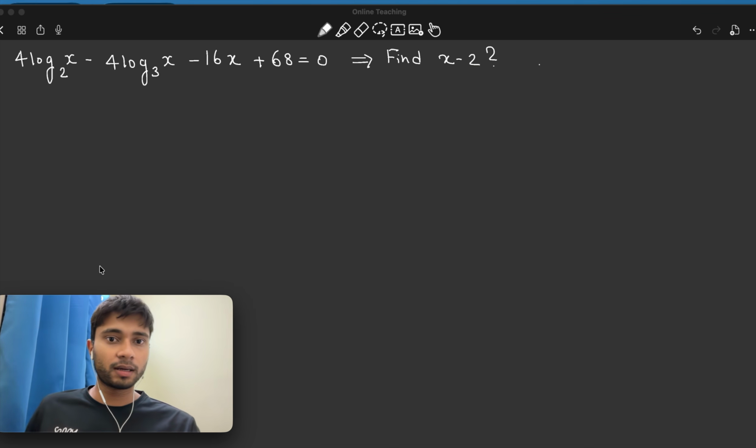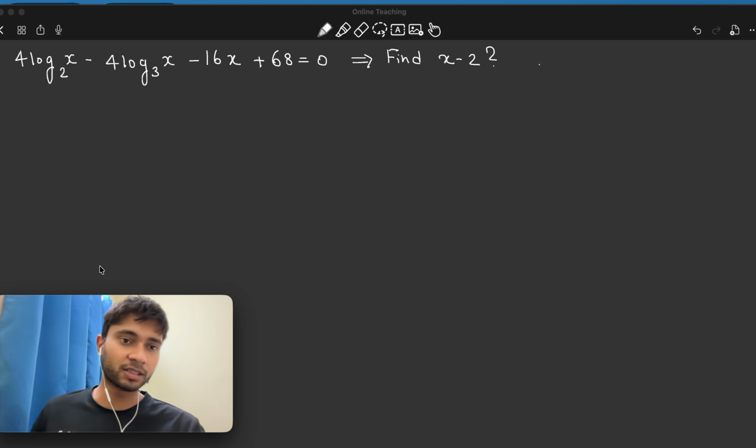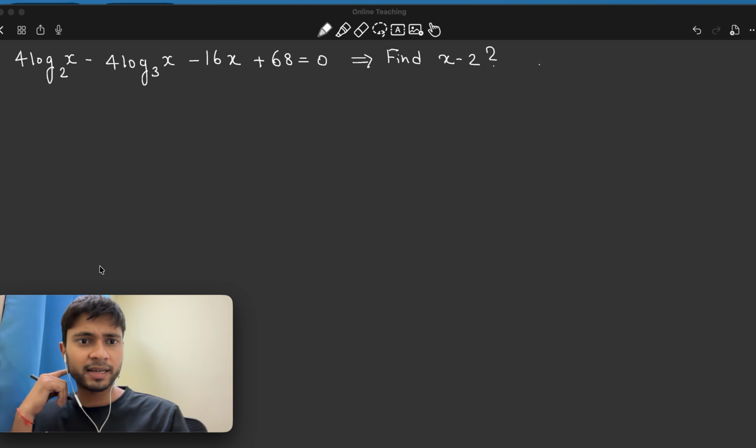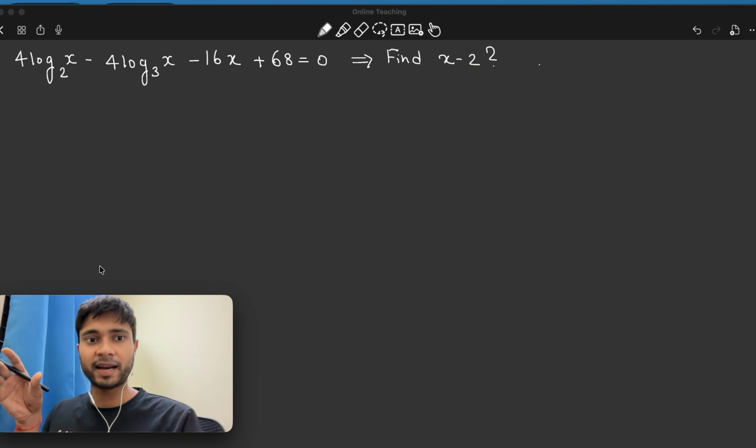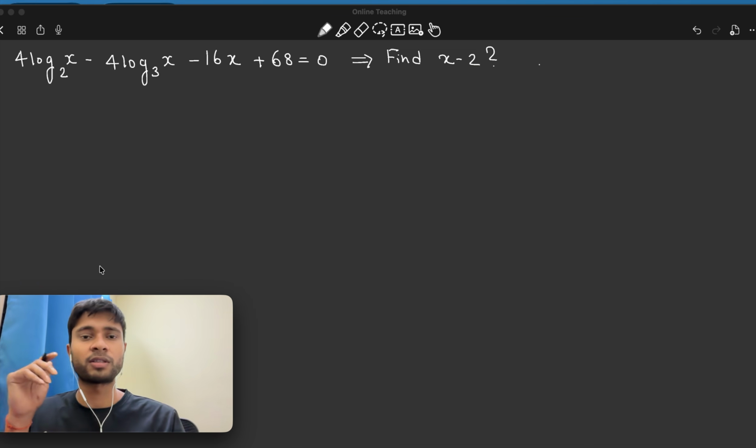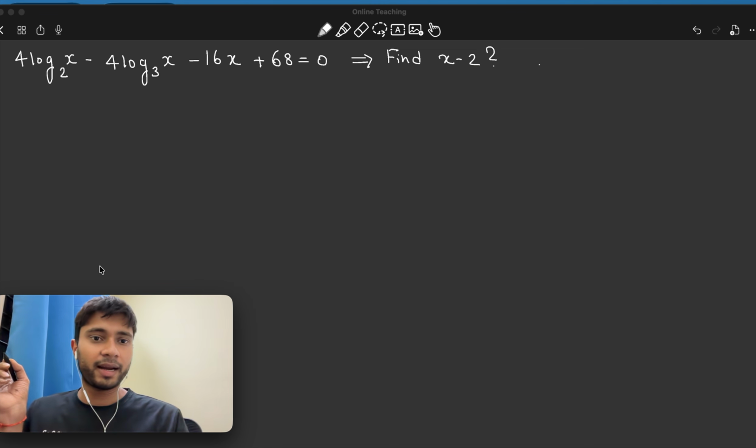When I started attempting this question, for the initial 5 minutes I tried to club all the terms which have x and figure out some solution. My approach was towards algebra.